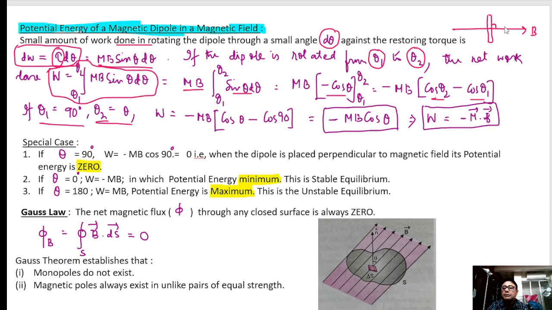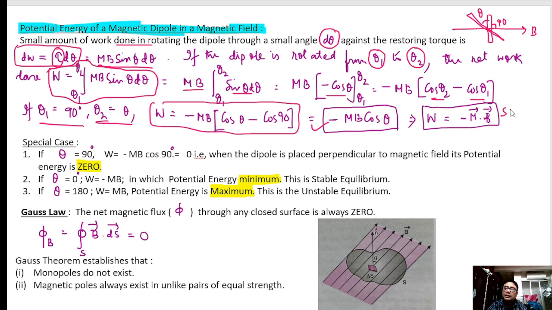The bar was initially at 90 degrees and now it has been turned by an angle theta. So this is the work done, and cos 90 is 0, so it is minus M dot B.